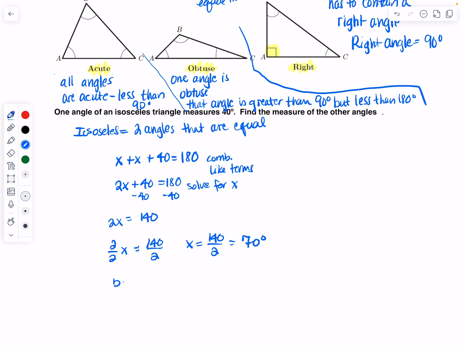So both angles measure 70 degrees. So in order to do this one, I had to know 2 bits of information. 1, interior angles of triangles have to sum to 180. And 2, isosceles triangles have to have two angles that are of equal measure.